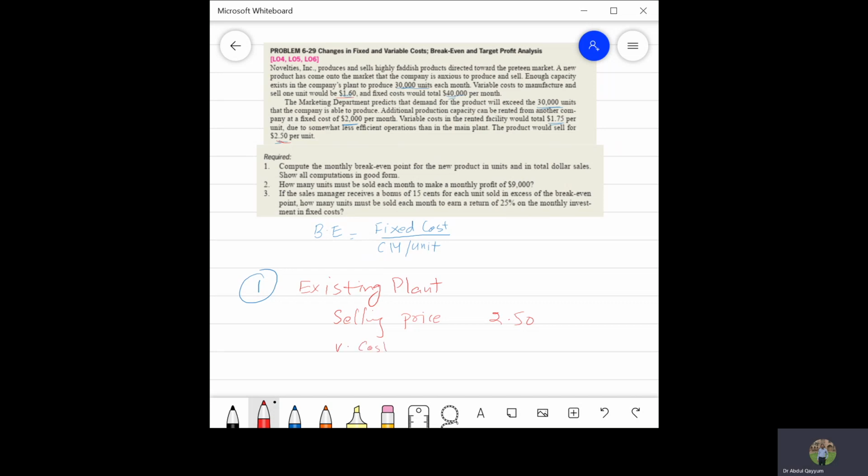So variable cost is 1.60, and we will have our contribution margin, which will be $0.90. So this is the current situation for the first 30,000 units.